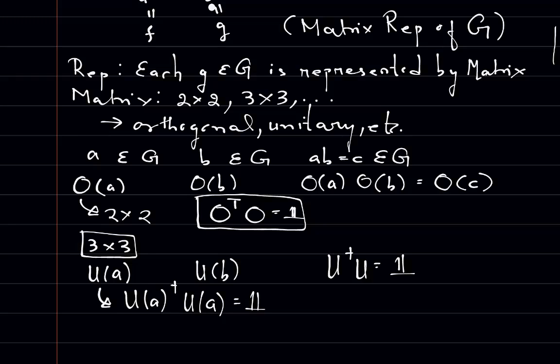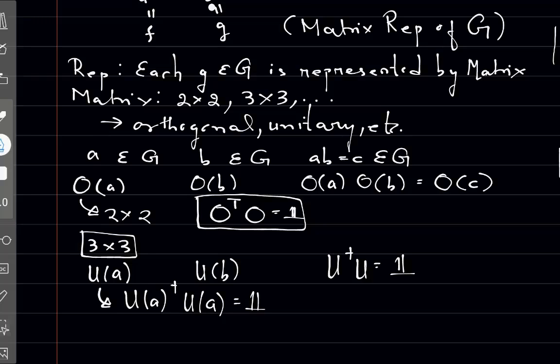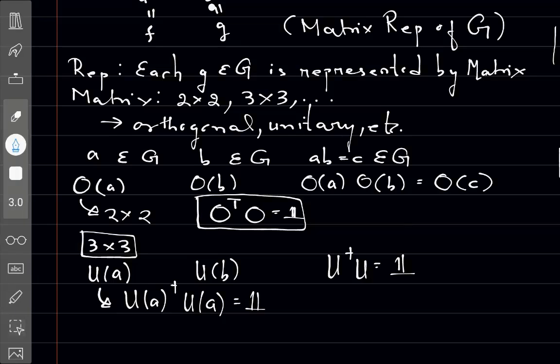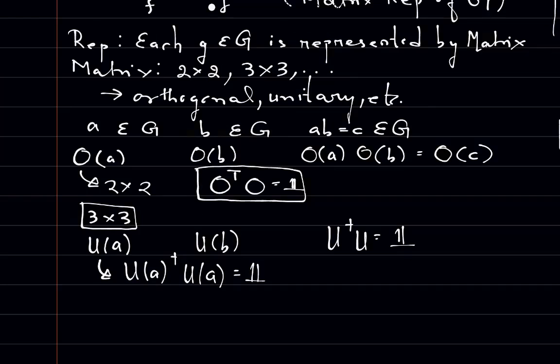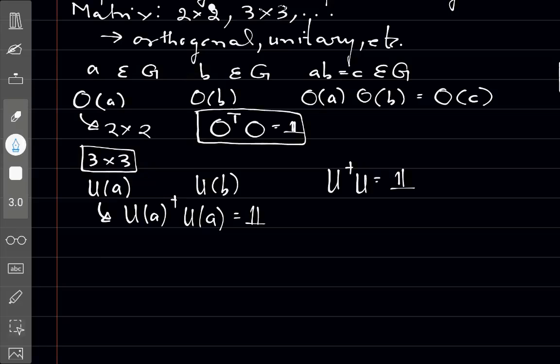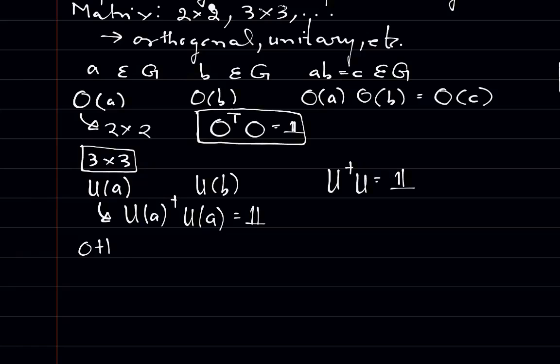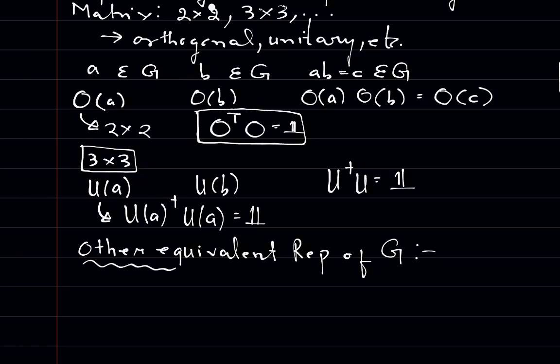The story doesn't end here, because further we studied these matrices, and what we found is that we can have other equivalent representations of the same group elements. What do you mean by this equivalent representation?